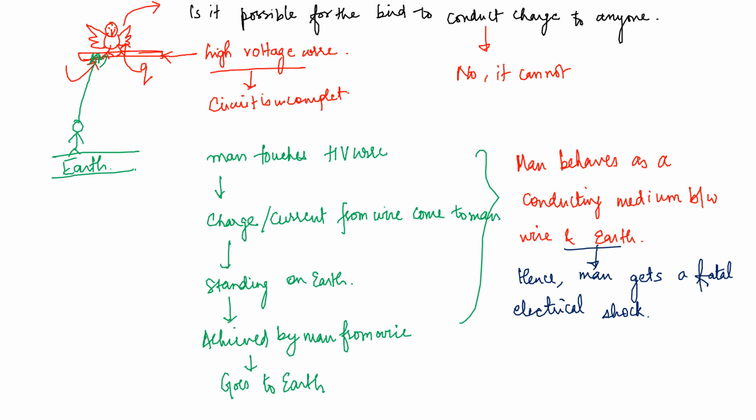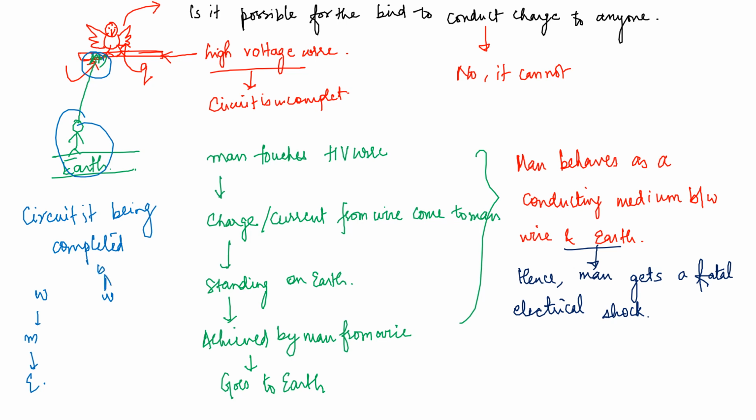Hope you understand this. This man is completing the circuit. So from wire to man to earth, whereas wire to bird, and from bird to where? Nowhere. So here the circuit is not completed, hence the bird is not getting any electric shock.